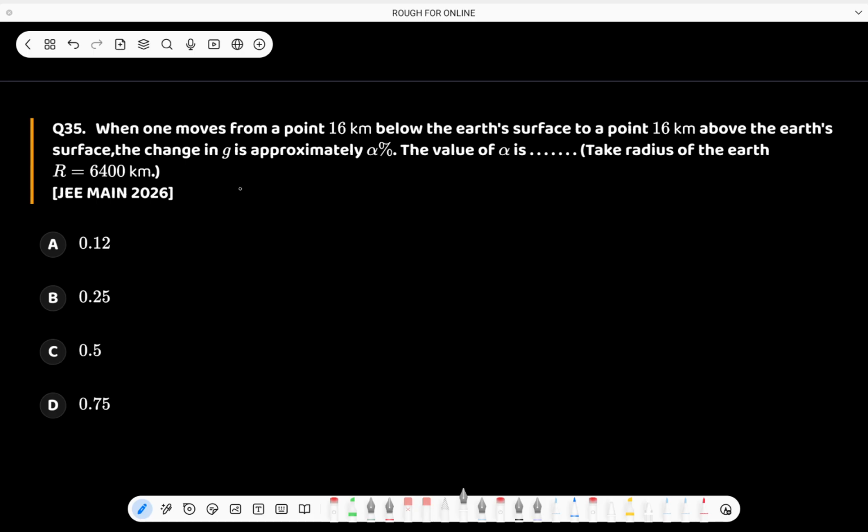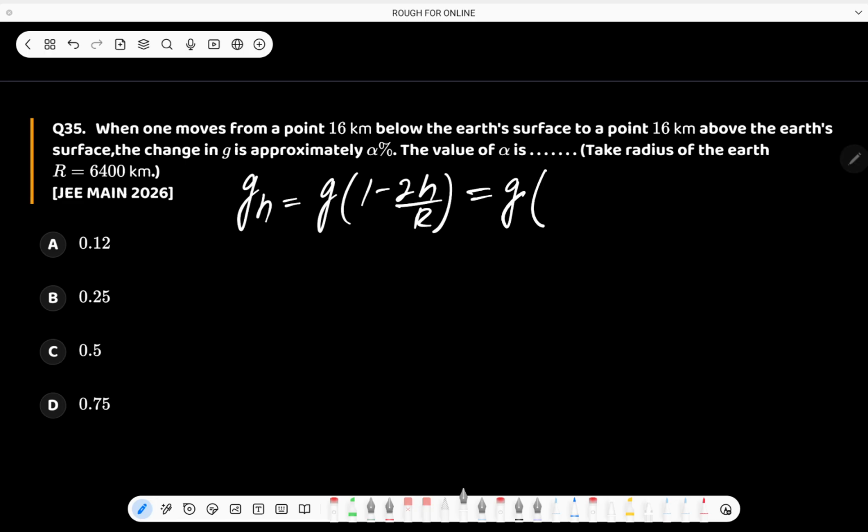Look, first and foremost let's write down the value of gh, that is g into (1 minus 2h/r), because it is given that h is 16 kilometers, which is very small compared to r. So I can write down this equation. Now what will the value be? It will be g multiplied by (1 minus 2 into 16 divided by the radius), that is something like 6400 kilometers.